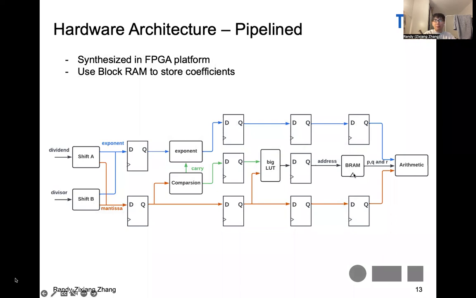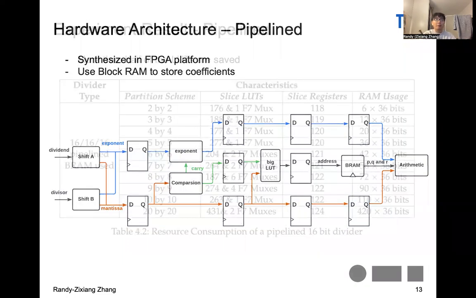The biggest difference is the block RAM used to store the coefficient values. The big lookup table that used to store these values now gives the corresponding address to the block RAM, and the block RAM gives us the P, Q, R coefficients that we use to approximate.